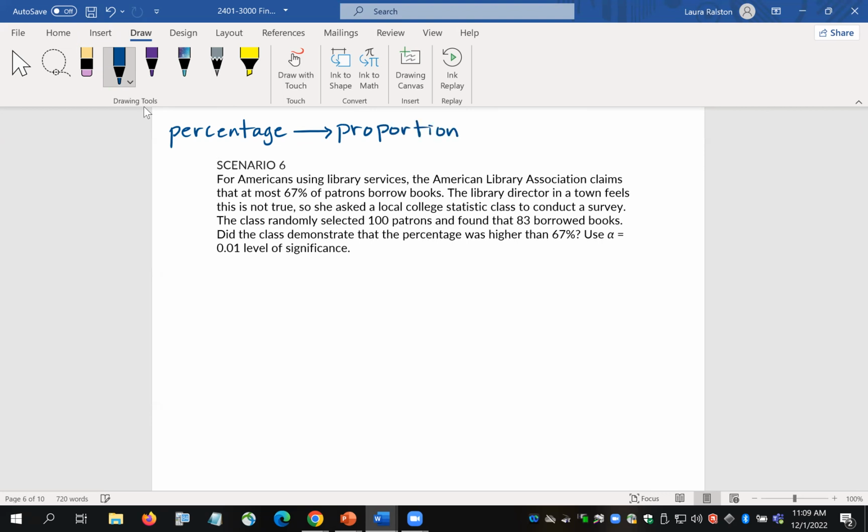And as I read through it, it really is only talking about one proportion, and that is the proportion of Americans who borrow books from the library. And so that leads me to the fact that this is a 1 proportion Z test.